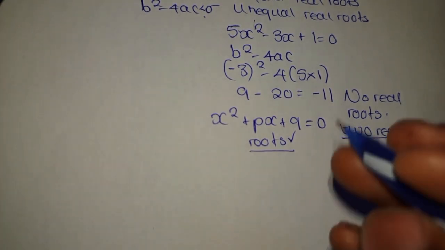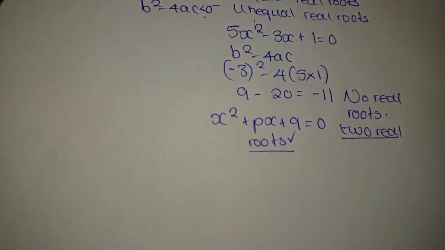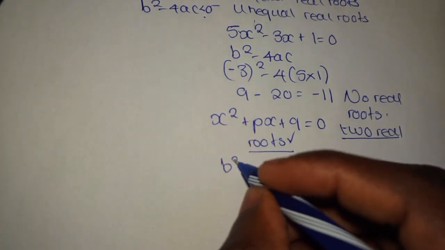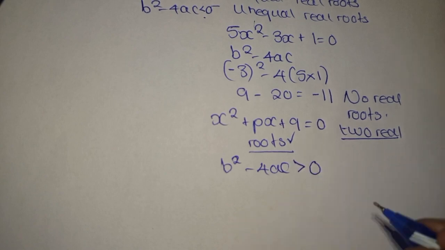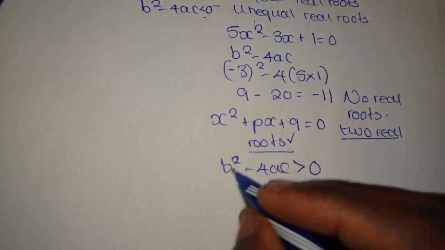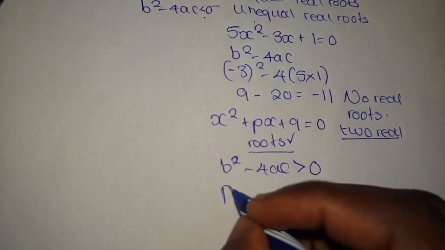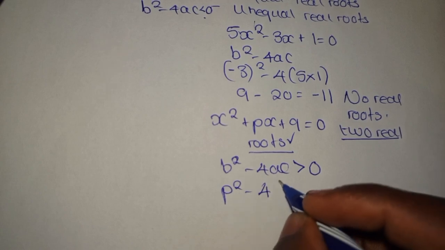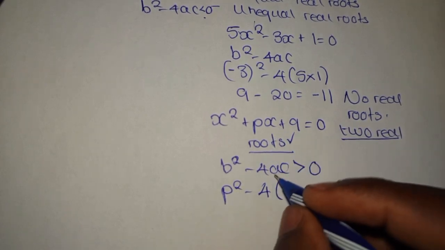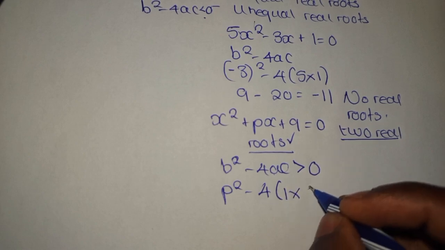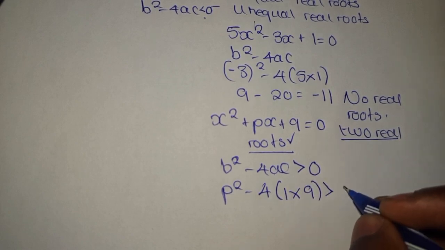If it's two real roots, it means the discriminant is greater than 0. So you have b squared minus 4ac being greater than 0, where there is b, we put p, because p in this case is the one which takes the place of b, since there is an x attached. The value of a is 1 and you have 9, greater than 0.